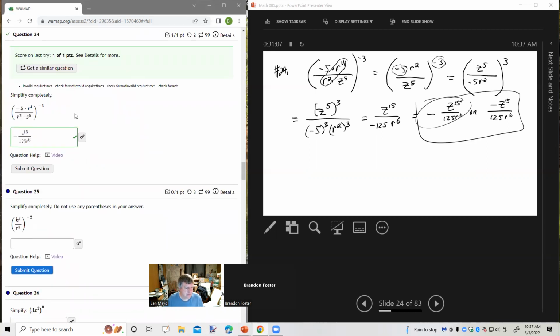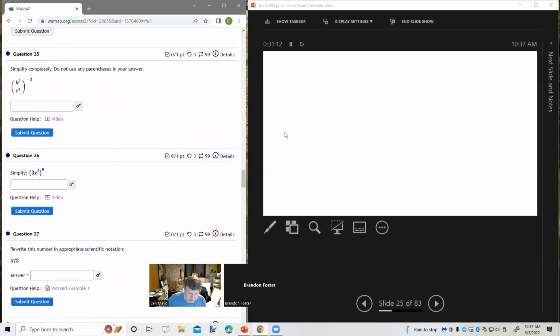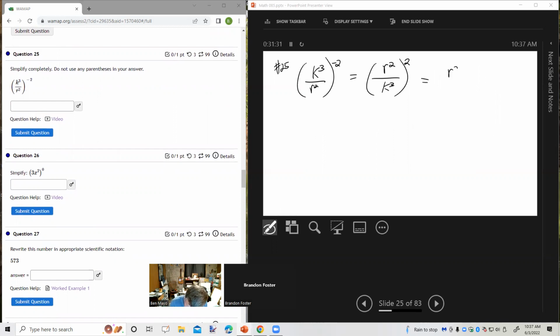All righty. Going on, number 25. K cubed over r squared, the whole thing to the -2 power, would be r squared over k cubed, the whole thing to the +2 power. Now I have a quotient raised to a power, so I'll apply that outside power to both the numerator and denominator of the quotient.